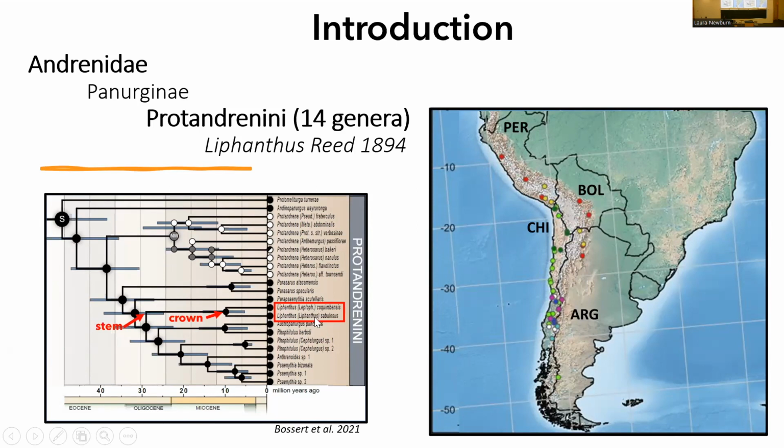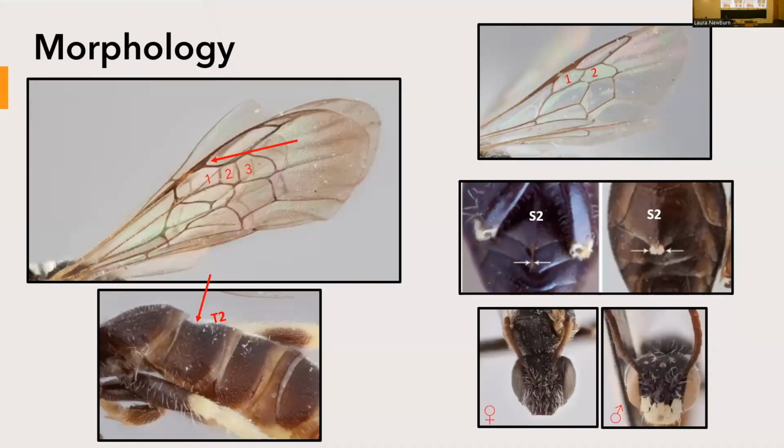Now, in terms of geographic distribution, this is where Liphanthus is found, and we can see clearly that the genus is most diverse in central Chile. You can recognize Liphanthus by the shape of the stigma.